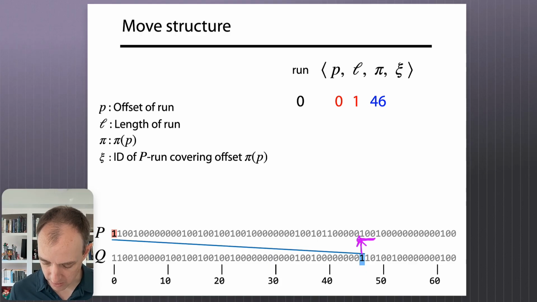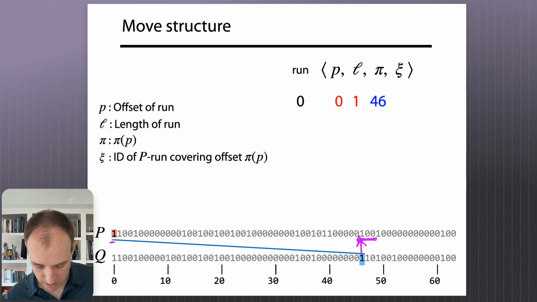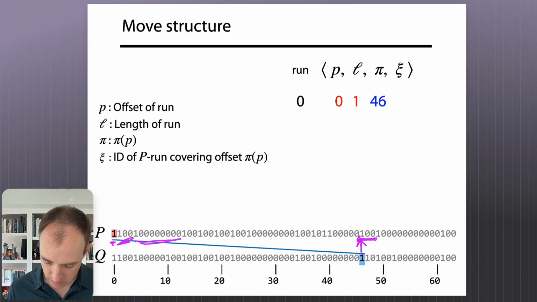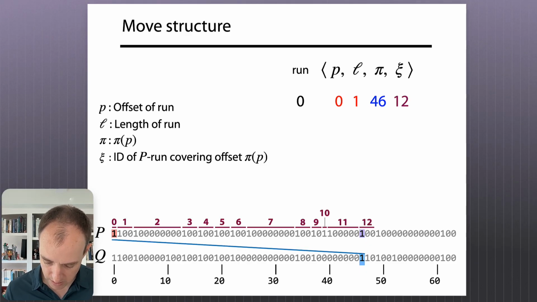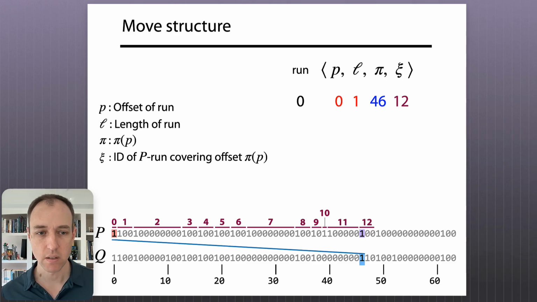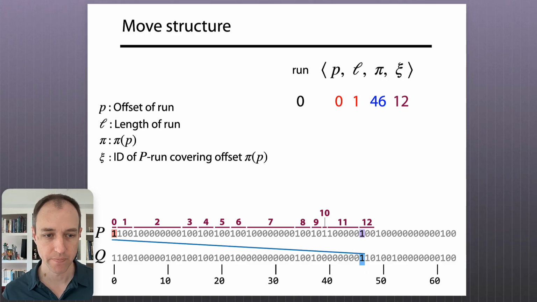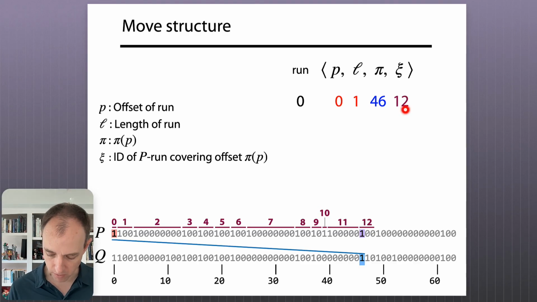But we need to report its ID. If the first run has ID 0, this run has ID 1, and this run has ID 2, etc., which run is the one that covers offset 46? Well, if we count them all out, the answer is 12. That's run ID 12, so we stick 12 in the xi field of our move structure.